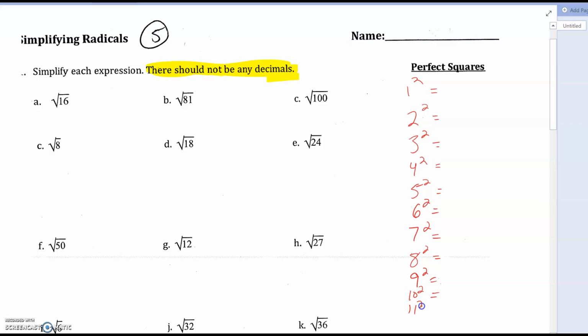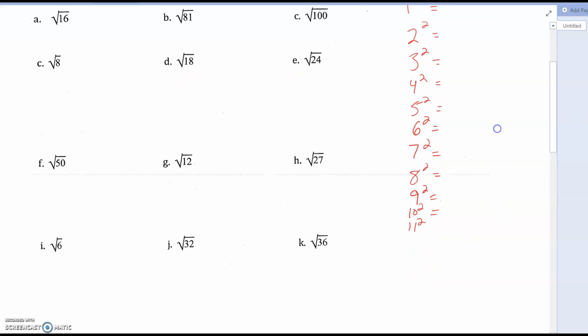We're going to do this all the way to 15. And then I want you to write what each one of those is equal to.